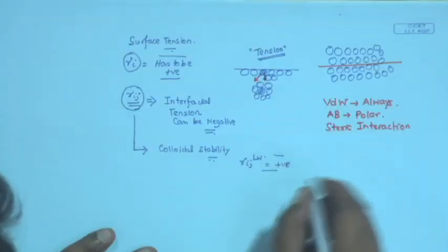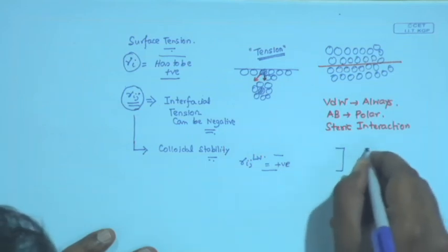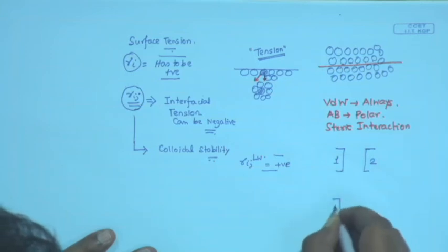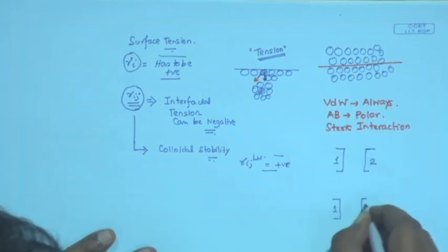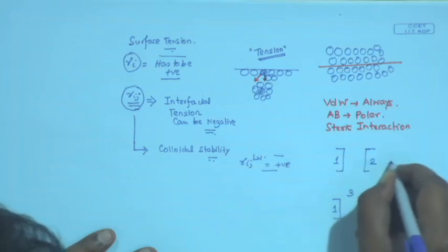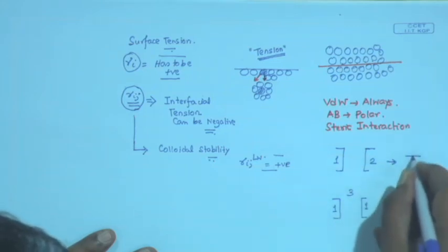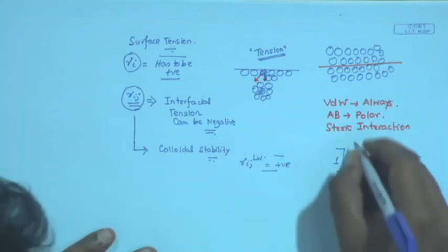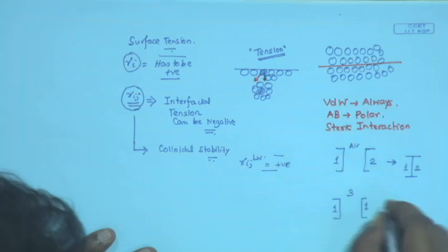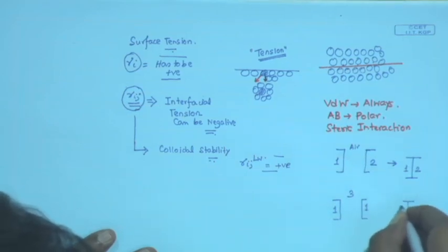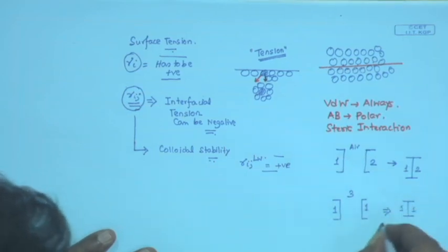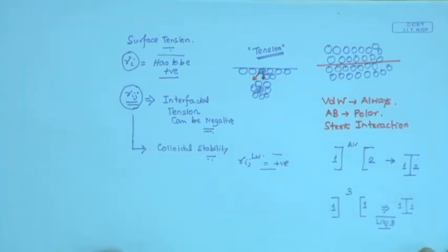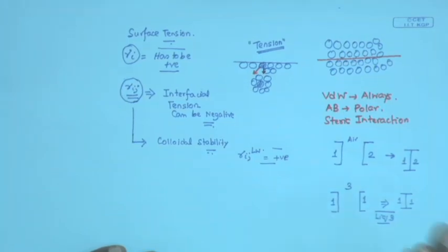In fact, this implies that in both the cases, adhesion between two dissimilar surfaces in air, or adhesion between two similar surfaces in a liquid 3, for an apolar material is always going to happen.